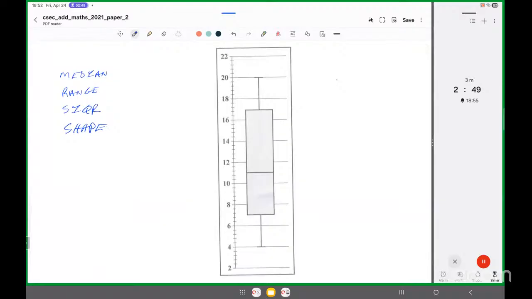Quickly: median, range, semi-interquartile range, and then comment on the shape.